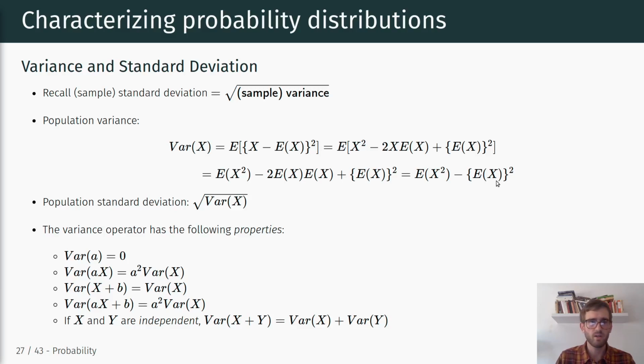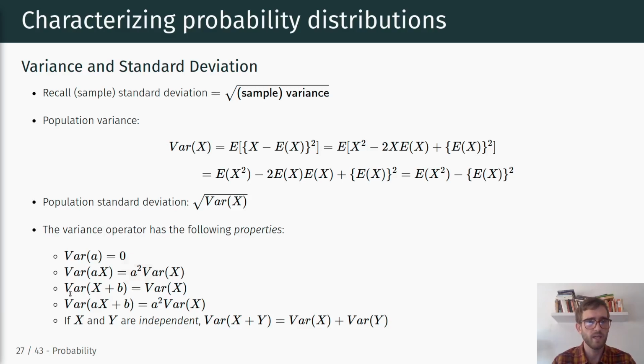There are a couple of important properties, again, of the variance, similar to the expectation. The variance of a constant is equal to 0 because, of course, it's a constant. If we have the variance of a random variable x times a constant, and we want to pull out the constant, this is a squared times the variance of x, which you can basically just plug into the definition and use the rules for the expectation, and you'll see how you get to a squared times the variance of x.